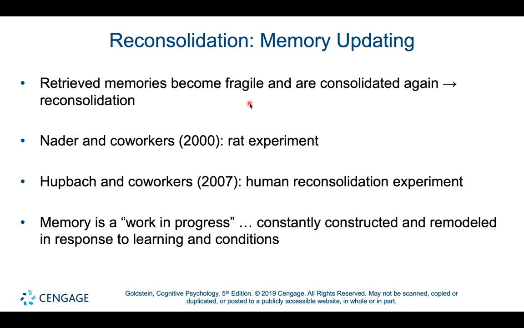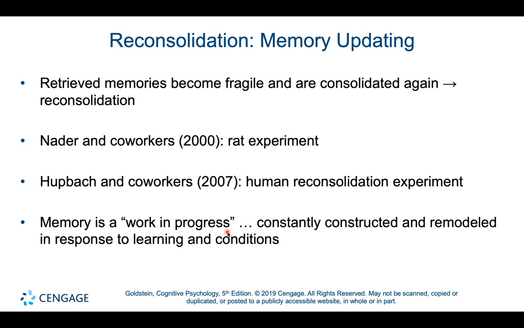Interestingly, once memories exist, they can be reconsolidated. We can, in a way, and we're going to see an example of this, mess with memories once they already exist, because memories really are a work in progress.